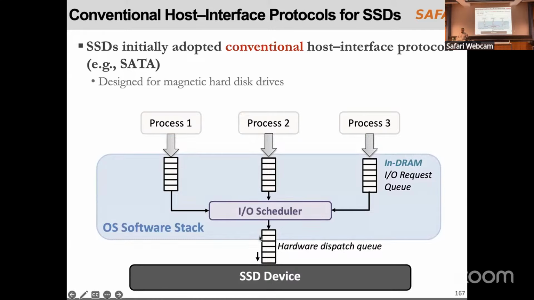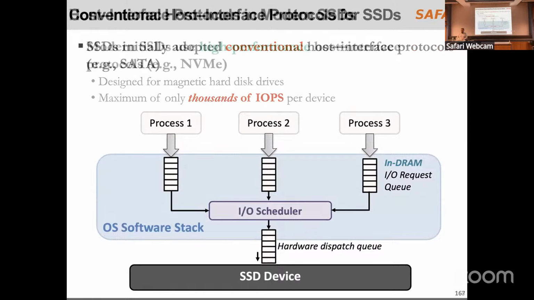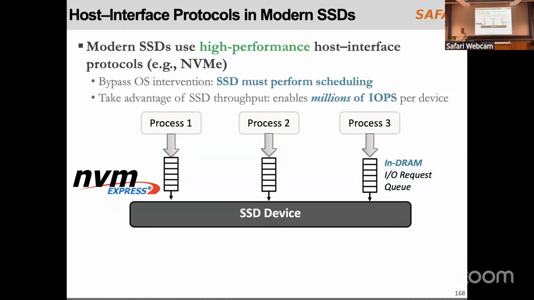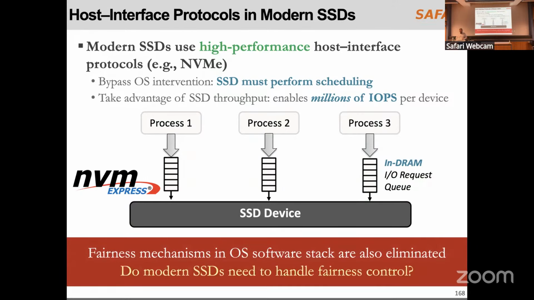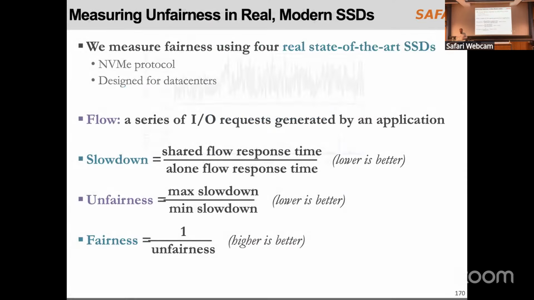But with NVMe, which is very important for SSDs, we push the queues to the SSD device. And now there is no scheduling which can potentially ensure fairness and high performance for the SSD device. And we actually show that we have unfairness.